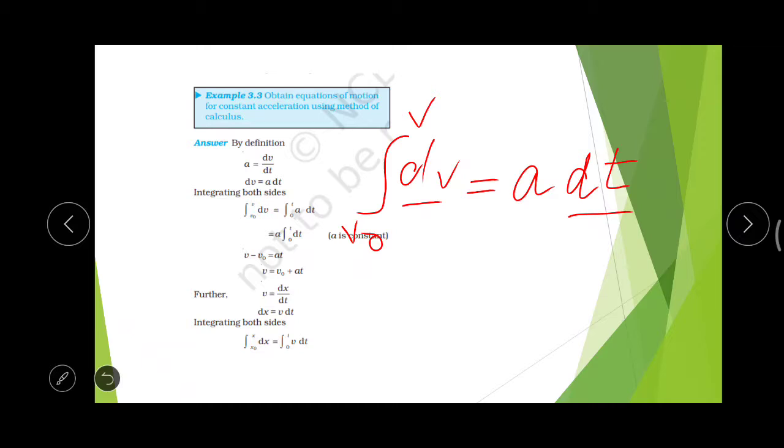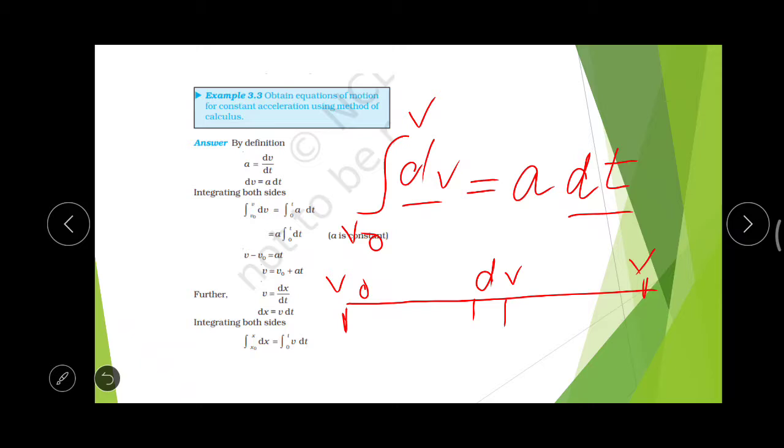As a picture, dv means a small portion of the velocity, v0 the initial point and v the final point.